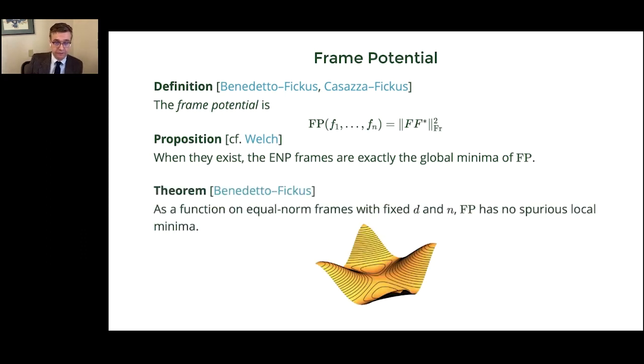And Benedetto and Fickus, around 2001, proved that as a function on the equal norm frames, this function is not convex, but is sort of like a convex function in certain ways. The picture I've shown you is an energy function for, I think, d equals 2 and n equals 3, so very low dimensional parameters.